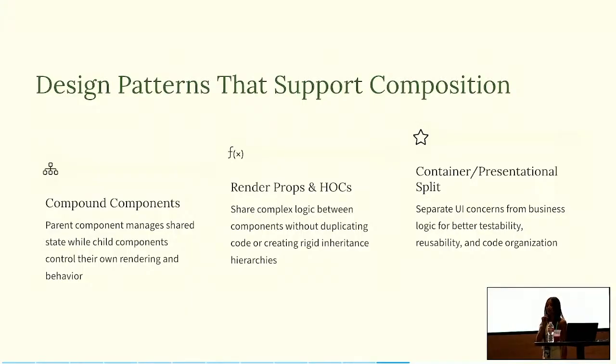Rendering props and sharing that complex logic, we can use state or context to share the context between each component. And then we want to separate each component with their UI concerns from business logic, for testability, reusability, and code organization.